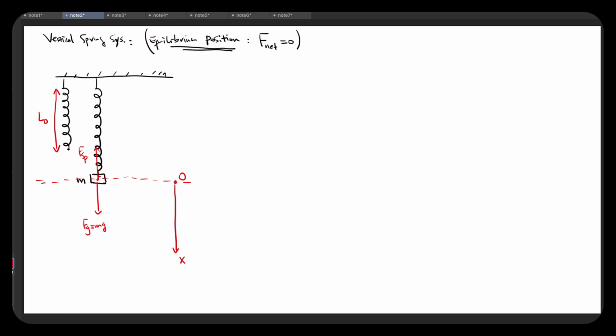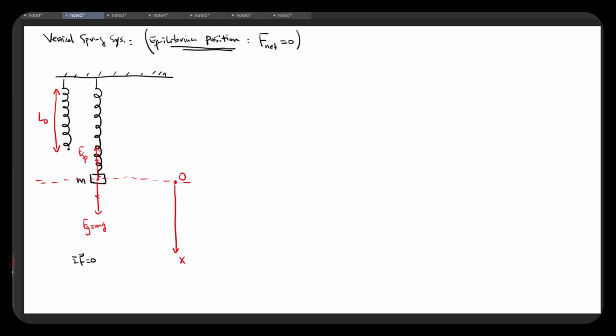Because the object m stops here, these two forces cancel each other at this position. That's why we say the net force equals 0 at this position.